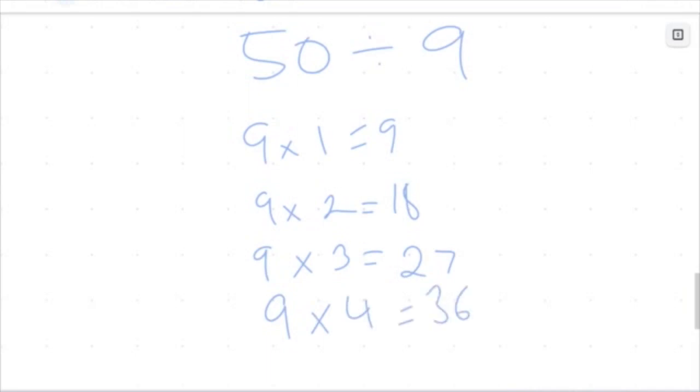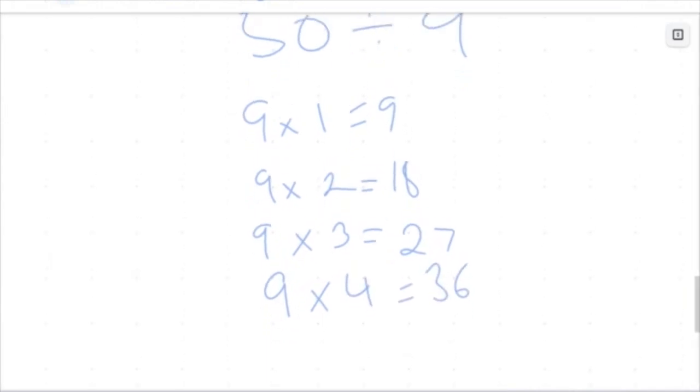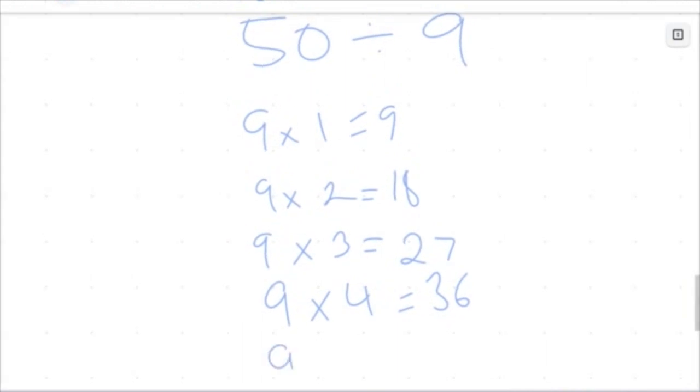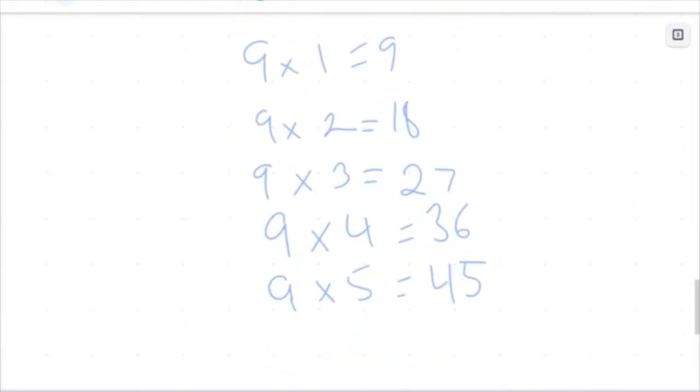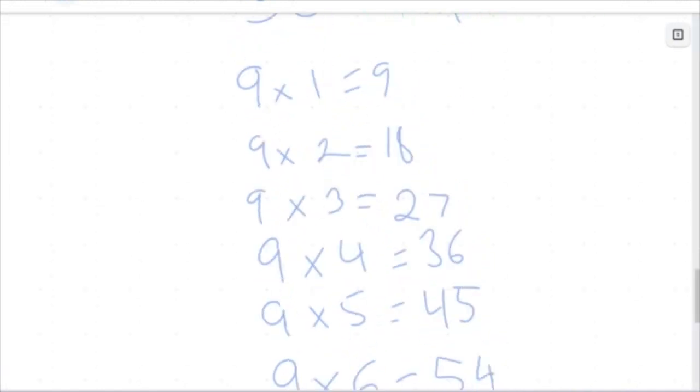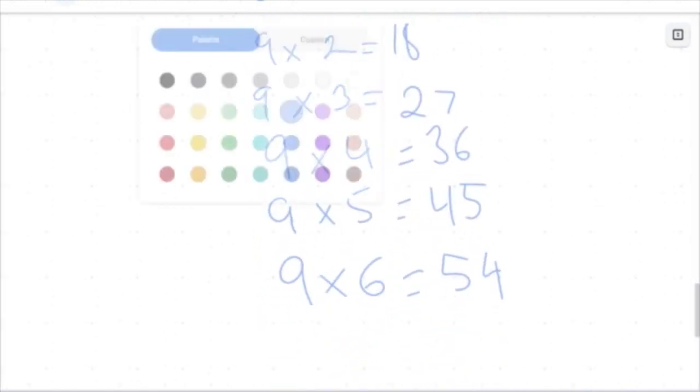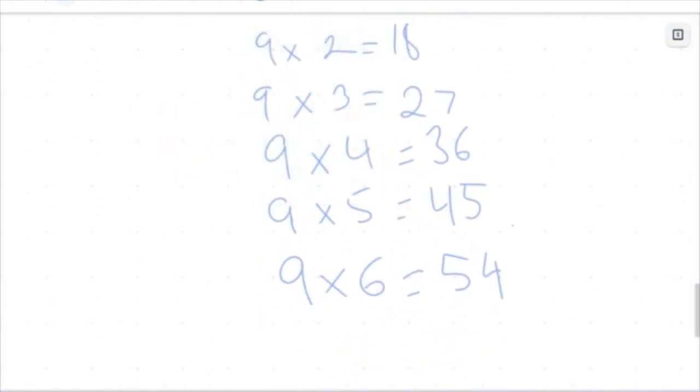So let's do 2 more. We can see we're getting closer to 50. 9 times 5 gives me 45. But when I do 9 times 6, I get 54. So my number 50 is somewhere between these two.